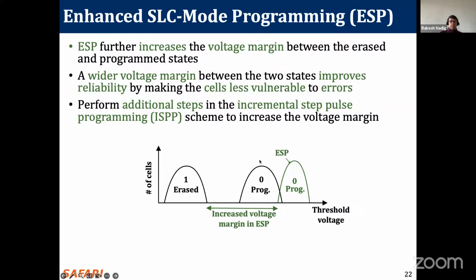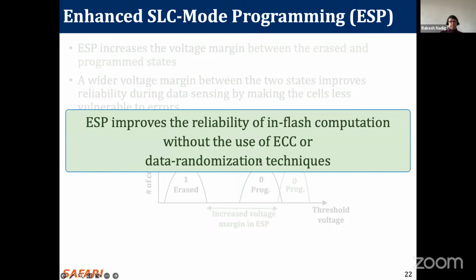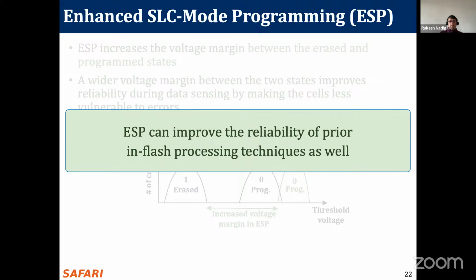So this is the idea of enhanced SLC mode programming. ESP improves the reliability of in-flash computation without the use of ECC or data randomization techniques. And ESP can also improve the reliability of prior in-flash processing techniques as well. So increasing the voltage margin can increase the reliability.